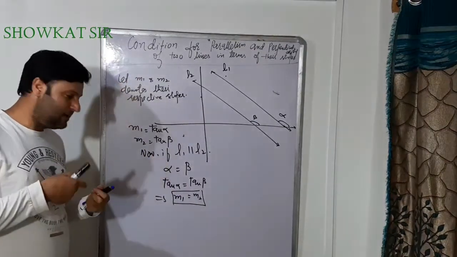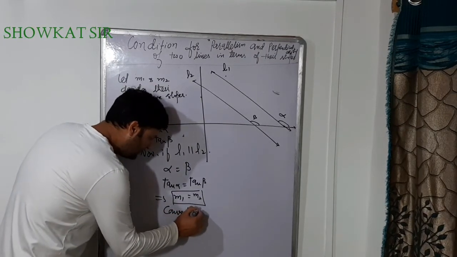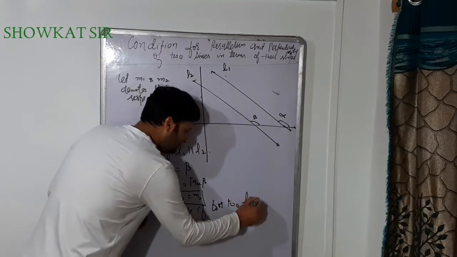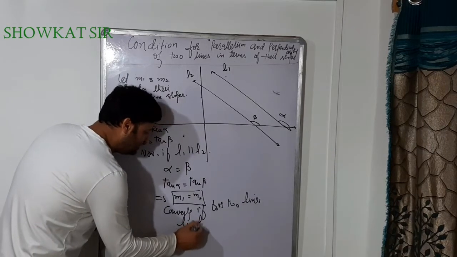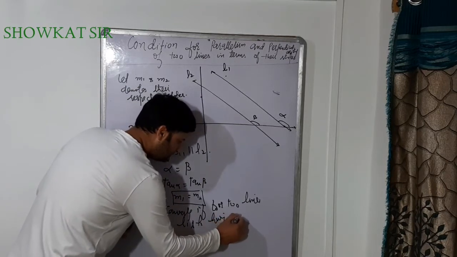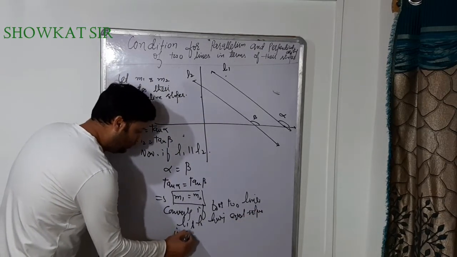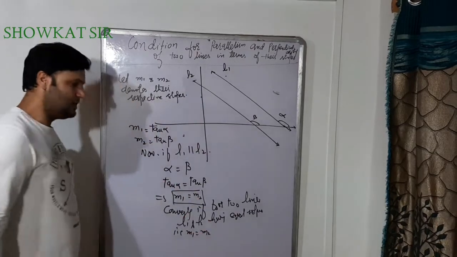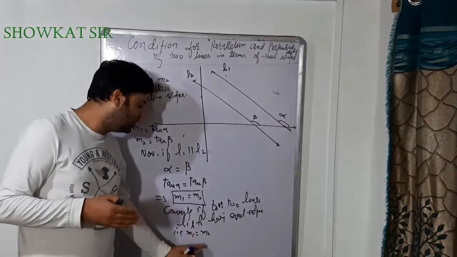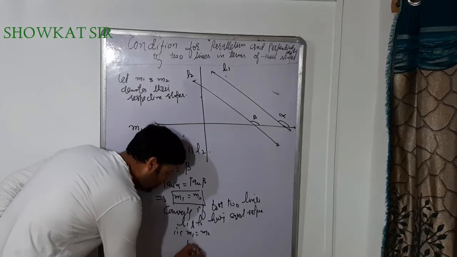And we can conversely say, conversely, if for two lines L1 and L2 having equal slopes, that is M1 equal to M2. अब हम कन्वर्सली देखेंगे, हमारे पास दो लाइनें हैं जिनका स्लोप इक्वल है, यानी M1 इज इक्वल टू M2. जब स्लोप्स इक्वल है, it means tan alpha is equal to tan beta.